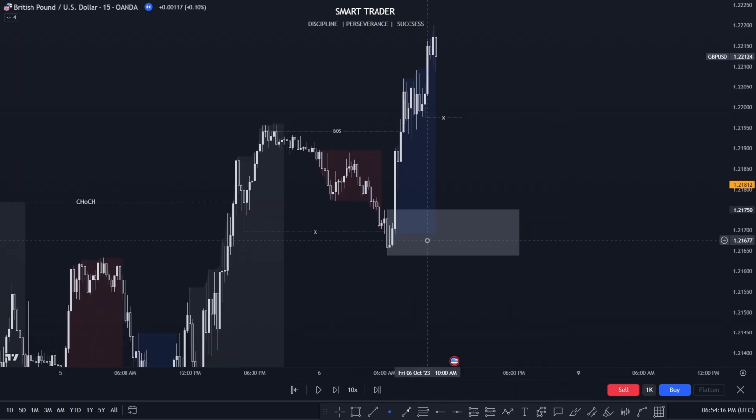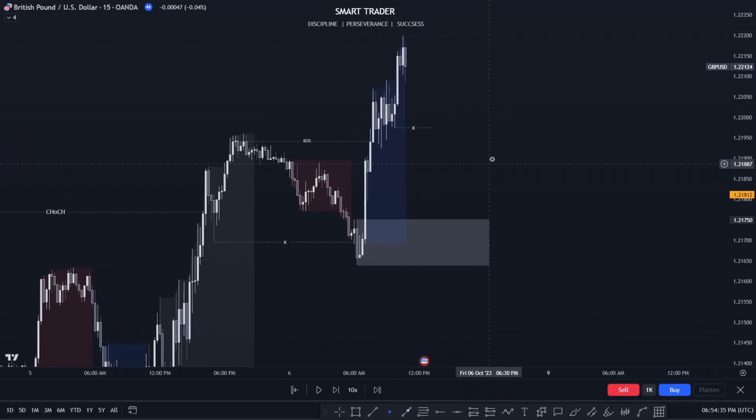But the problem is that, as you can see, we are on Friday, then there was NFPs on last Friday. So the best advice I can give you about NFPs: don't trade it if you are a beginner. Okay, and most of the time, when there is a high impact news, the market tends to not respect anything at all. It doesn't respect your strategy, it doesn't respect your order block, it doesn't respect absolutely anything.